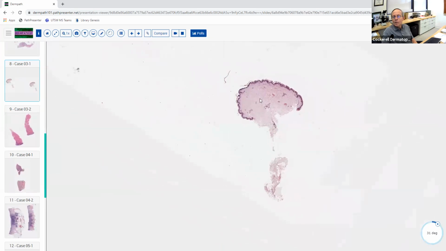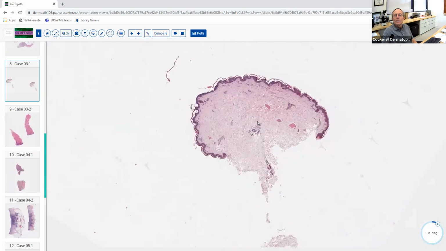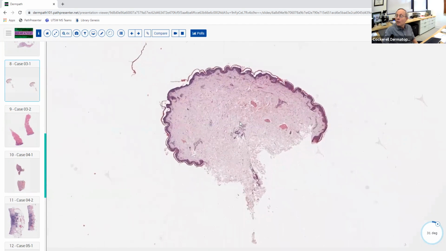Okay, so who wants to give this one a go? It's pretty easy because not much to see, is there? So when we're looking at something like this, can you give a definitive answer right now about anything?